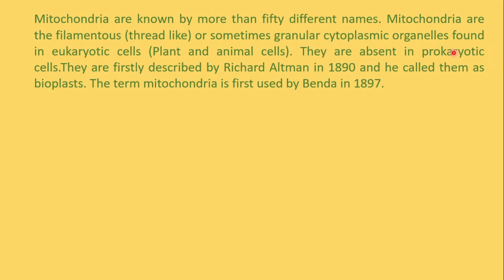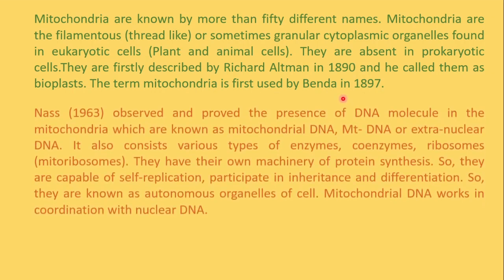They are absent in prokaryotic cells, and they were first described by the scientist Richard Altmann in 1890, and at that time he called them bioplasts. But after that, the term mitochondria was first used for bioplasts by the scientist Benda in 1897.